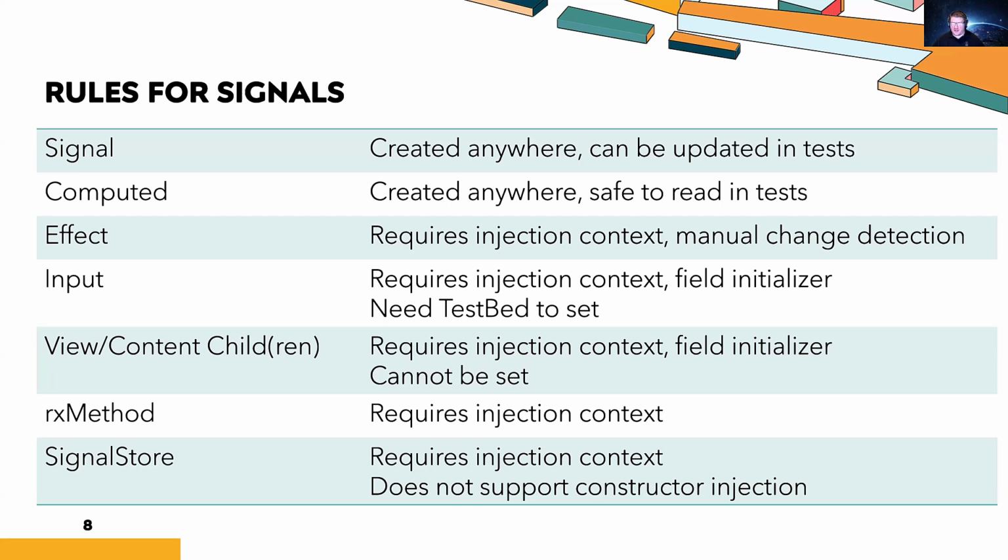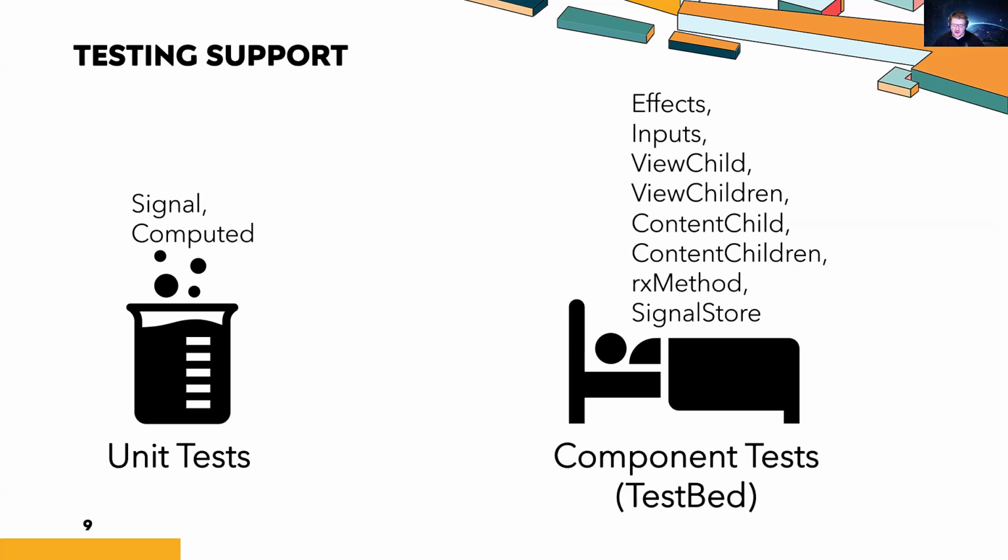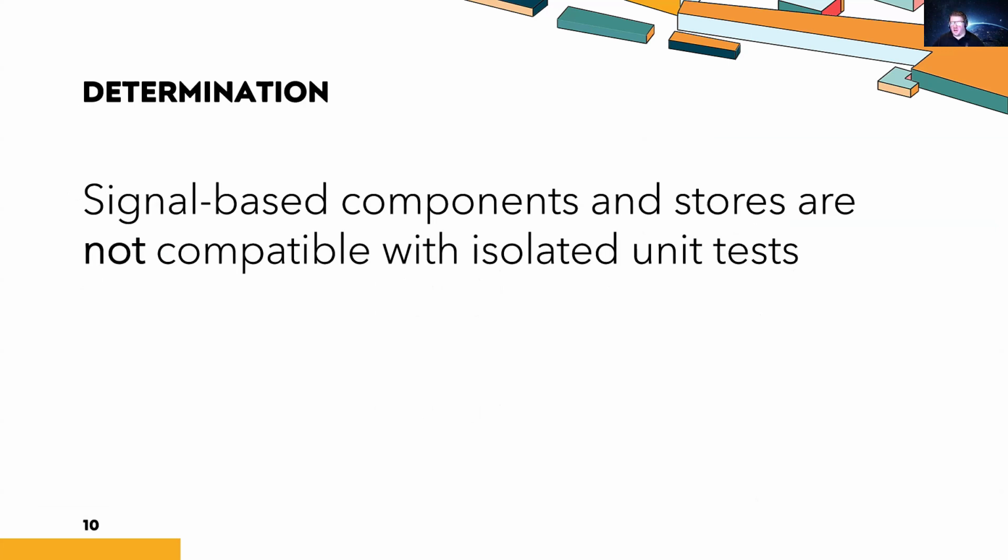In terms of testing, what this means is that the vast majority of signal-based features require component tests or integration tests in order to be tested. If you want to do pure isolated unit tests, the only things you can have are plain signals and computed signals. Another way to put it, this means that signal-based components and stores are fundamentally incompatible with isolated unit tests.